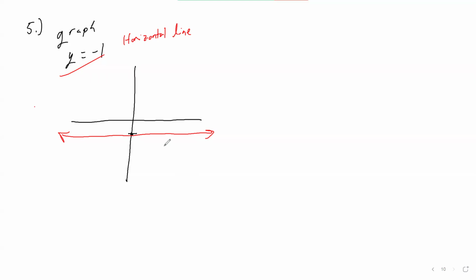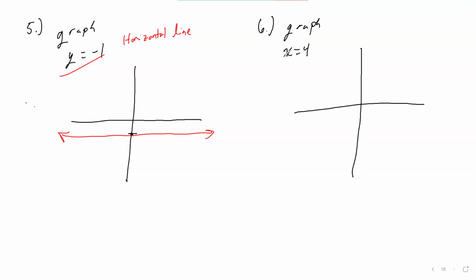The second special case: if you're ever asked to graph x equals 4, since it says x equals, I'm going to go to that value on the x-axis. So it's 1, 2, 3, 4.